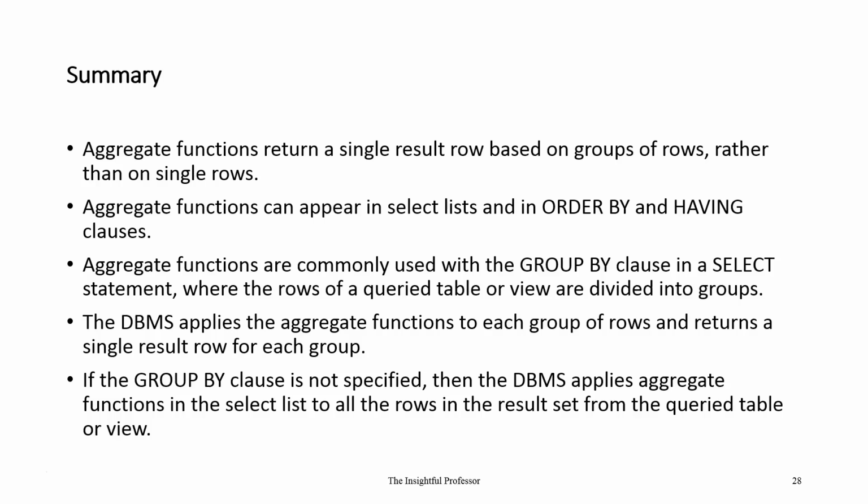The aggregate functions are commonly used with the group by clause in a select statement where the rows of a queried table or view are divided into groups. And then the DBMS applies the aggregate functions to each group of rows and returns a single result row for each group that is processed. If you don't specify a group by clause, then the entire table is considered the group for which the processing occurs.